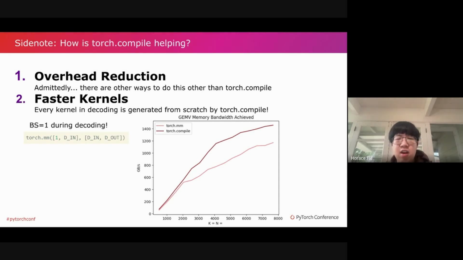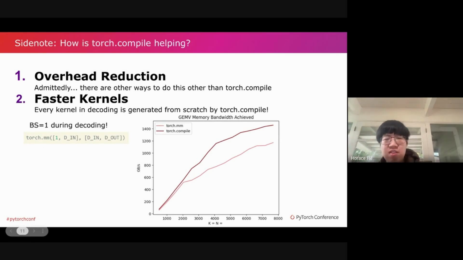In this case, the special thing here, you might be surprised: how can Torch Compile generate a faster kernel than cuBLAS? It's that we have a very special shape during the decoding phase of inference, where the batch size is essentially equal to 1. We're only processing 1 token at a time. If folks are familiar with this, this is not actually a matrix multiplication.